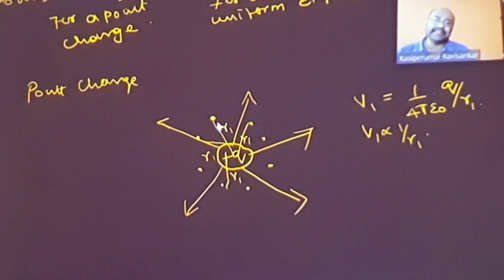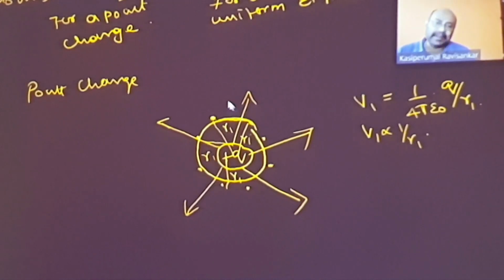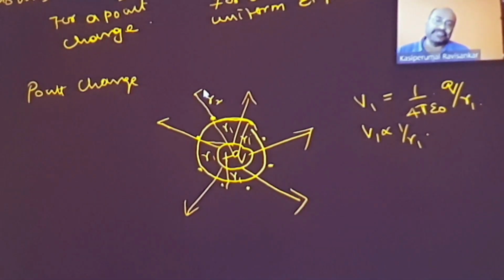So at a distance r1, at all these points, we have the same potential V1. If all these points are joined, you get a circle. If you take another point at a distance r2 from the center and join all the points at a distance r2, you get another circle.